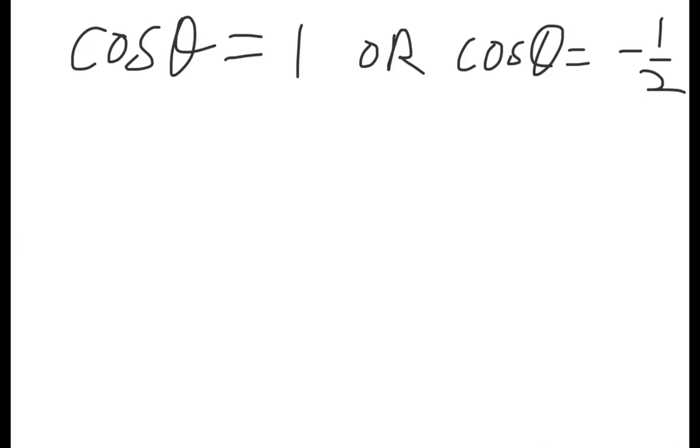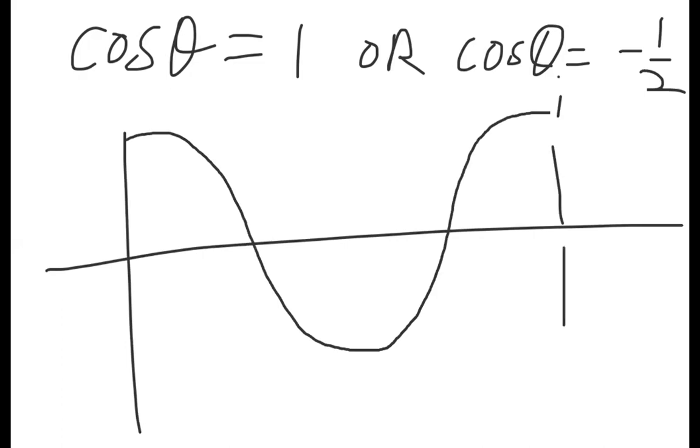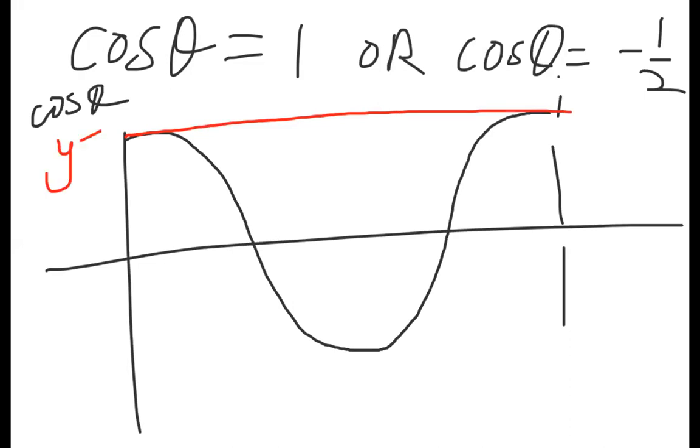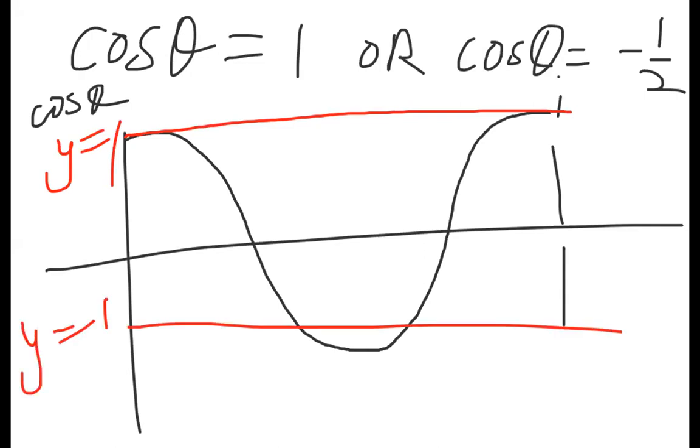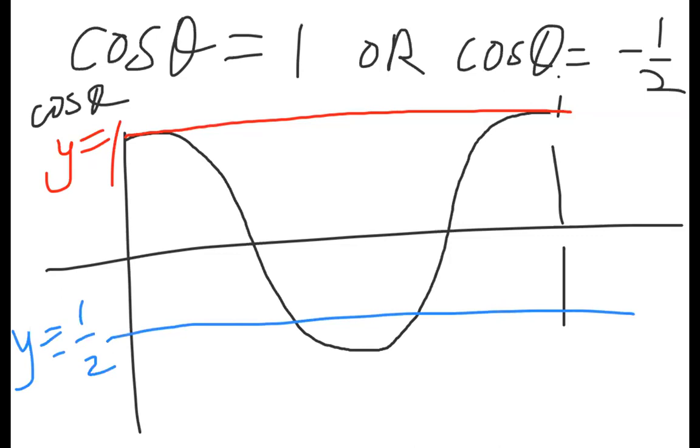Again, to solve trig equations like this, we basically draw the graph of the trig function. This is the graph of cosine theta. So we want to look at the intersection with y equals 1 and the intersection with minus 1 half, right?